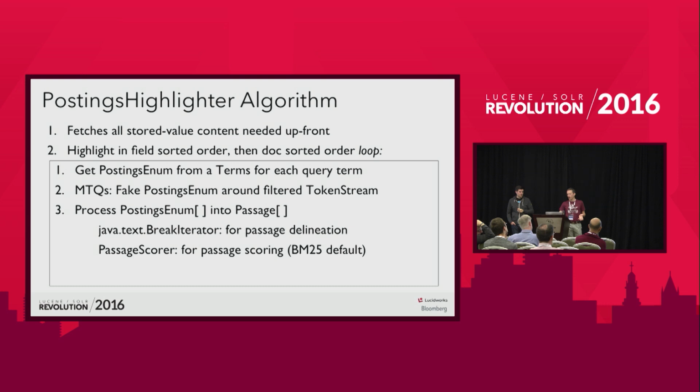You think of BM25 and other relevancy for highlighting documents, but it's applying the same concepts to passages. And finally, at that point, you have a list of passages, aka snippets. Unfortunately, each highlighter has its own terminology. Then you need to format it, which is basically marking it up.